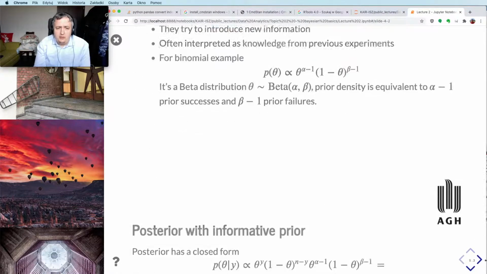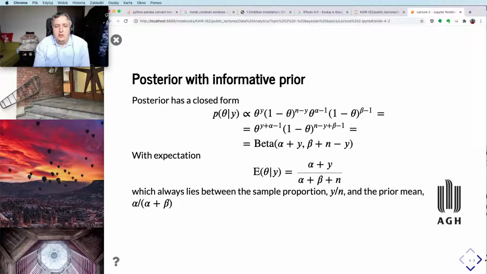Yes, we have alpha minus 1 successes and beta minus 1 failures, and this time we have y successes and n minus y failures. So we get this new beta distribution of probability for theta, and knowing the beta distribution, we can even compute its expectation.